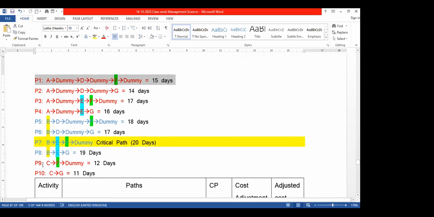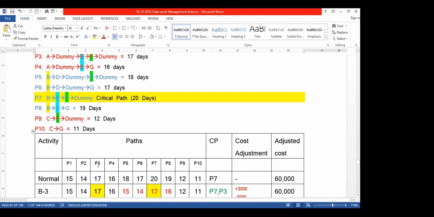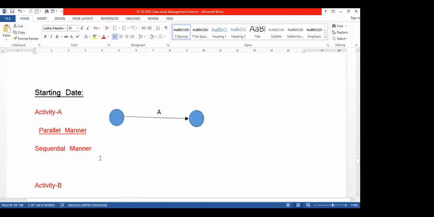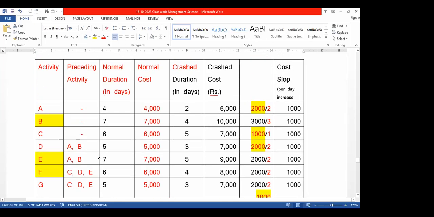But altogether there are 10 paths, so the names should be different. Altogether 10 paths, and the individual path durations are also given. So these are the basic things about normal duration and normal cost.